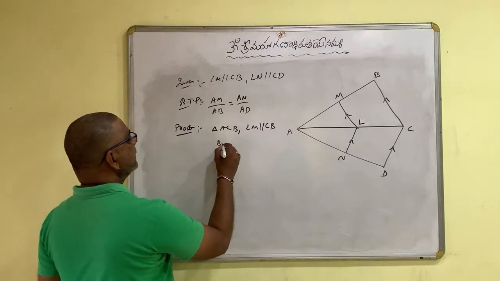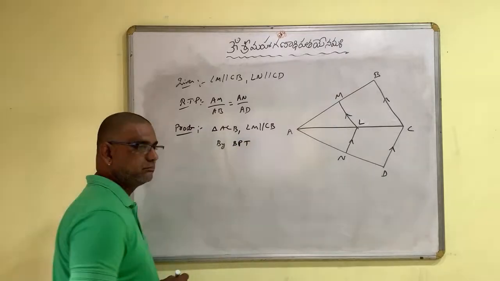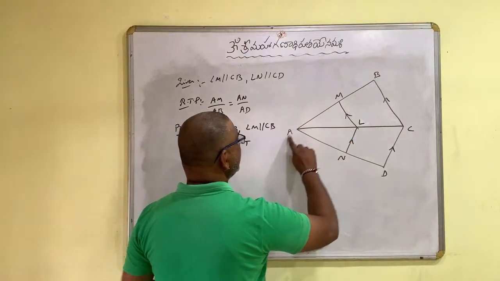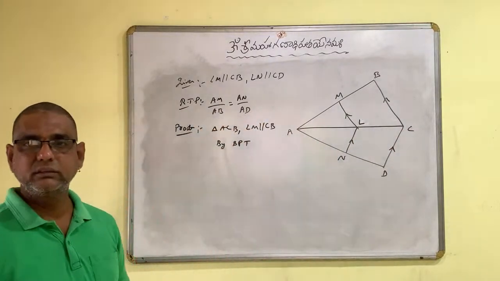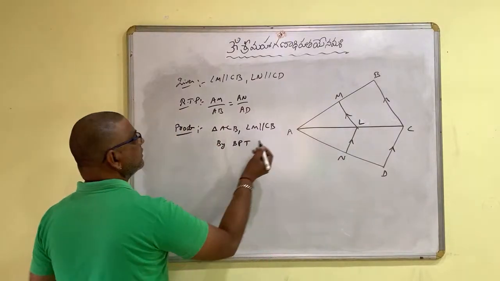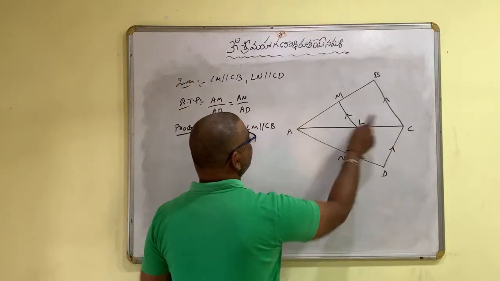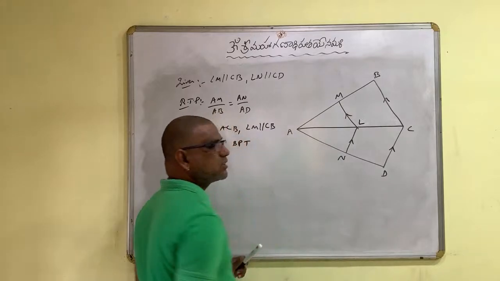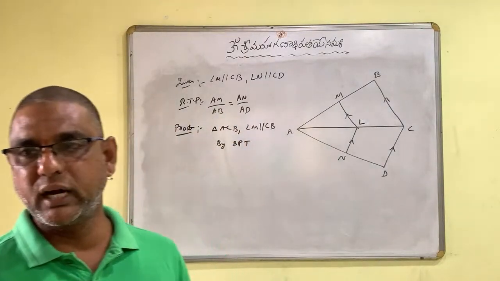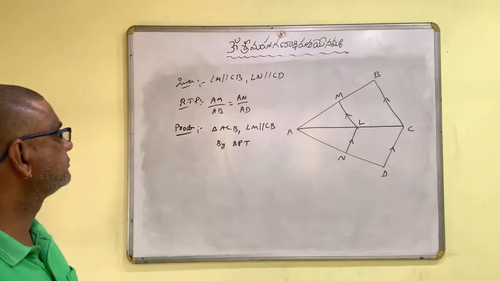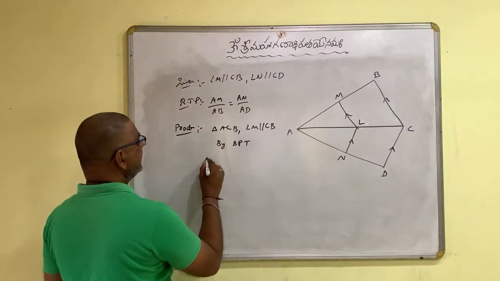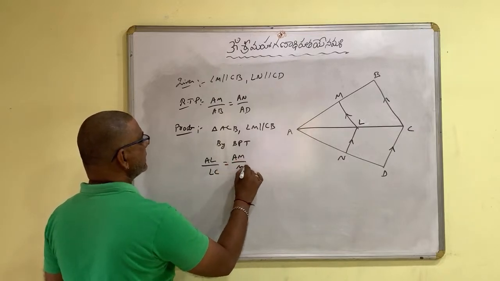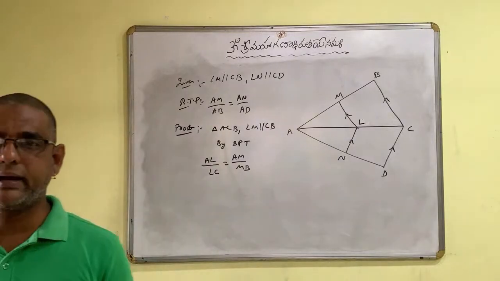Now, by basic proportionality theorem, AL by AC, we can write like that. Otherwise, directly we can take part by total also. Part by total is equal to this part by total, that is also we can consider by basic proportionality theorem. Okay, by basic proportionality, AL by LC equal to AM by MB.